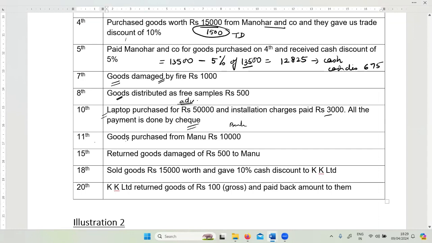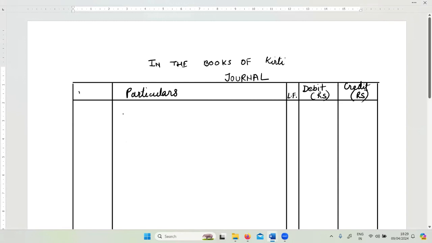On 11th, goods purchased from Manu 10,000. Very simple entry. Purchases and Manu. Nothing is paid. No bank, no cash is mentioned. So Manu account and purchase account on 11th. Purchases account is debit. Goods are coming in.